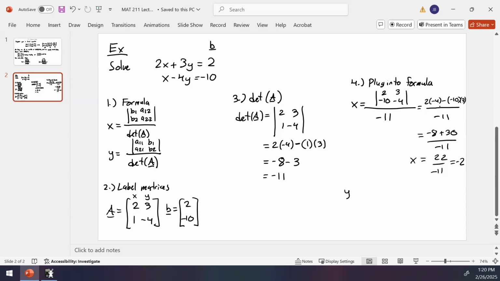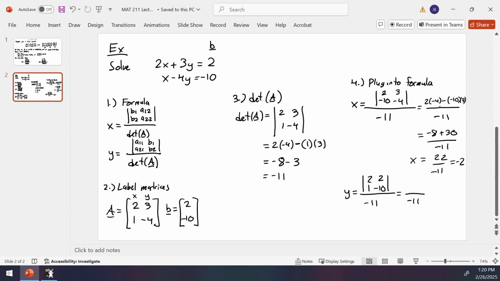And then for Y, we just do the same thing, -11. But now we're going to replace the second column with the B1 and B2, so 2 and -10. And then from there, we're going to get A1, 1, and A2, 1, which is 2 and 1.